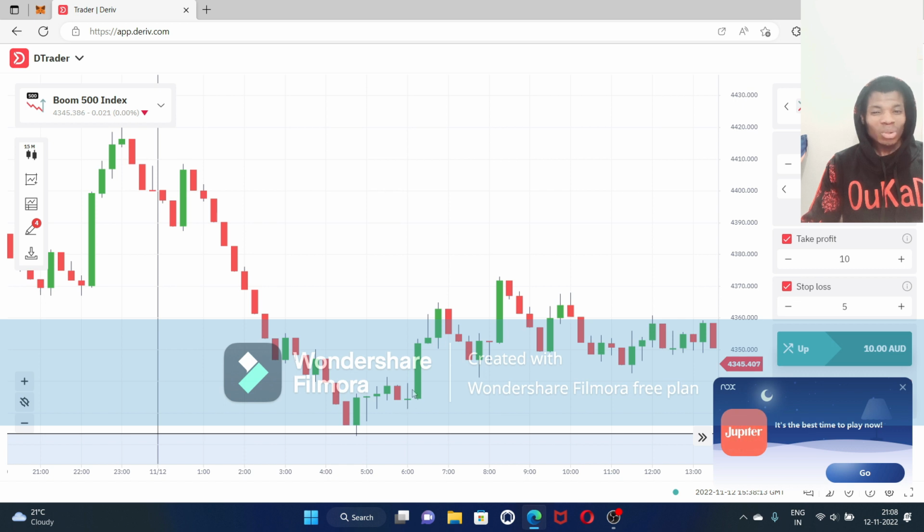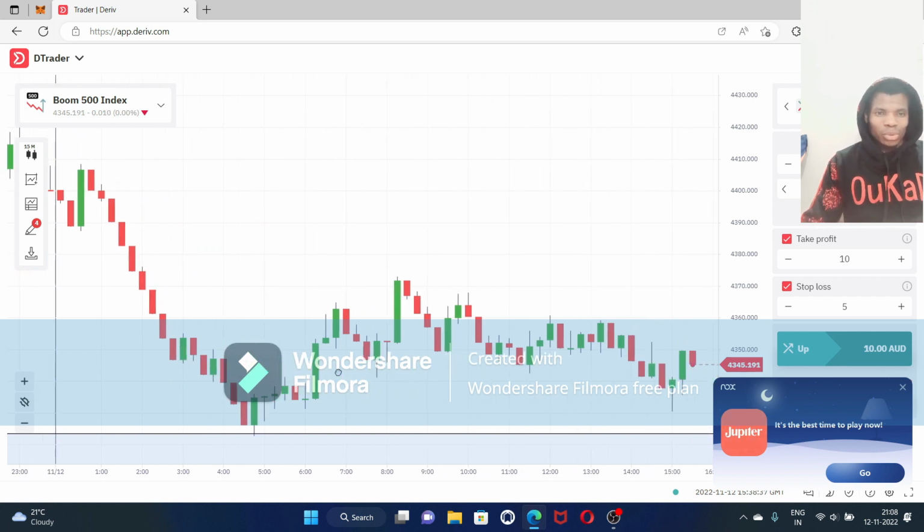Have you seen just after the doji candlestick, a bullish, green engulfing candle? The bullish green engulfing candle explains more about things.